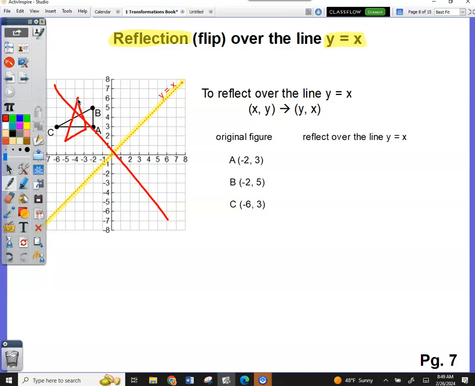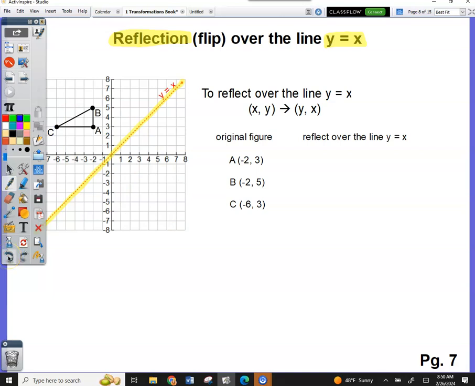So it is good to know where it is so that when you finish answering the question, you could say, checkpoint, did I do this right? If I know for a fact that y equals x runs in this direction, I know that this picture is going to reflect over here. You see what I mean? Think of folding the paper diagonally, wet ink leaving a mark, right? So it's helpful to know where it is.